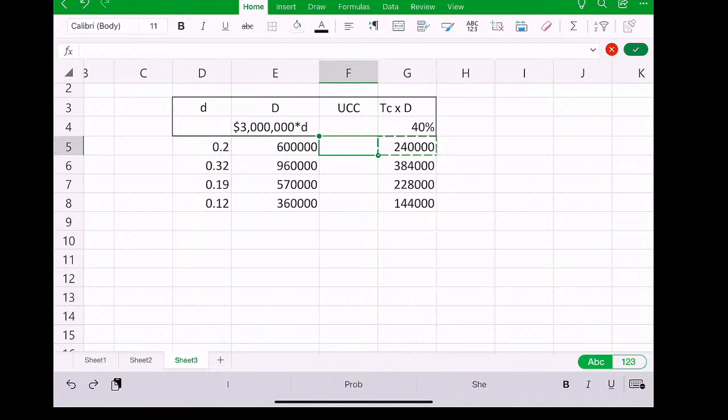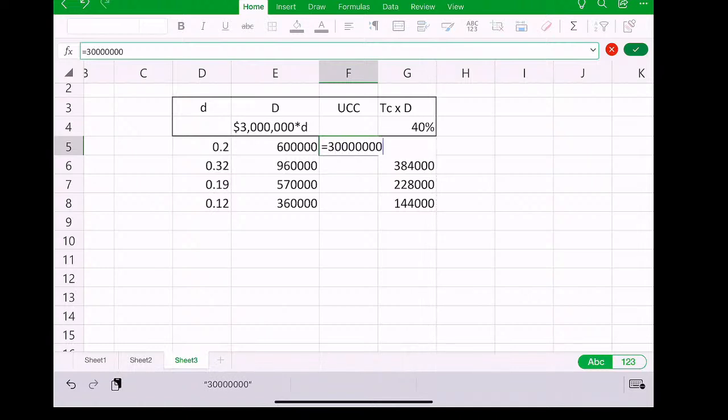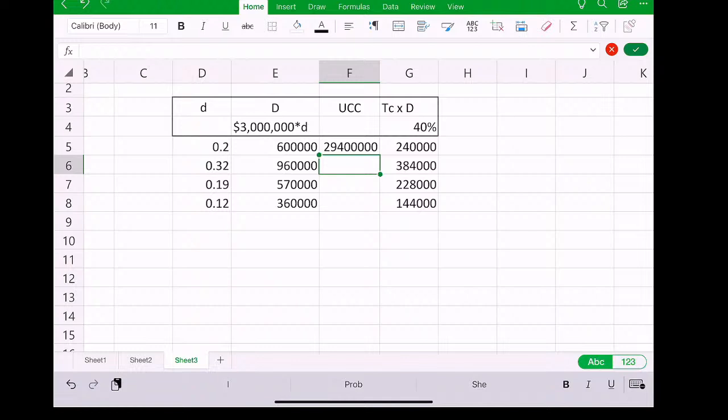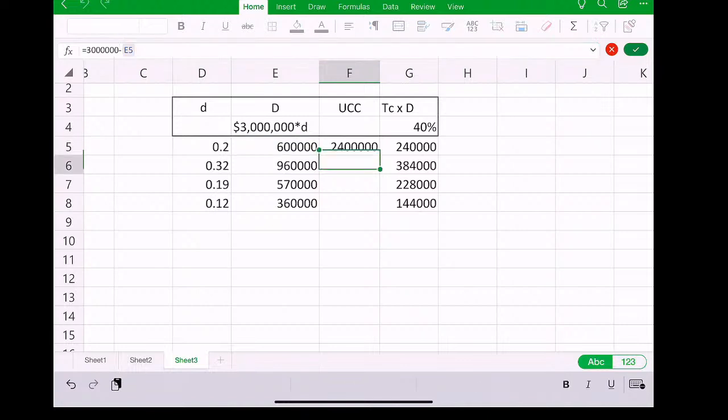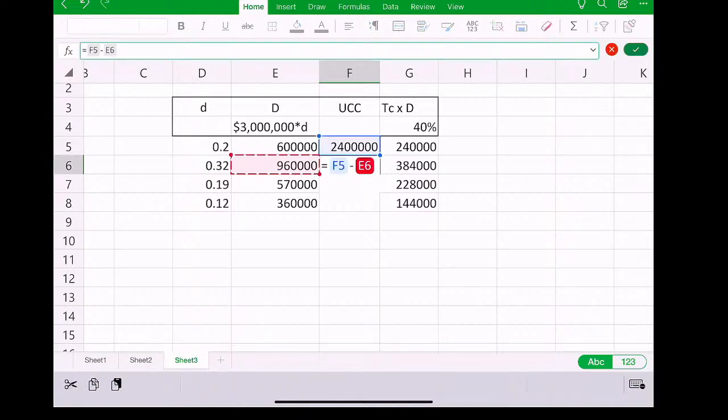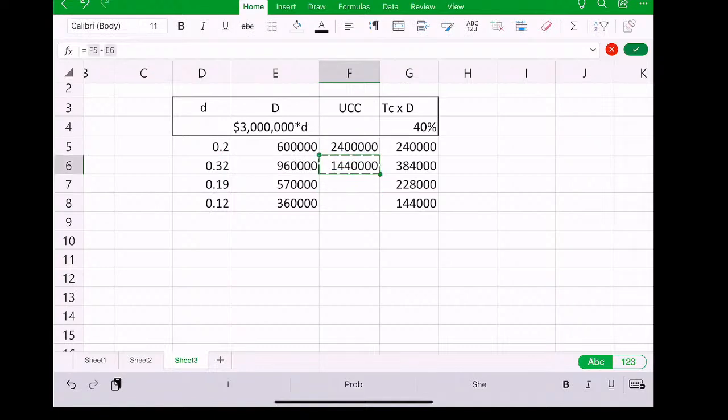And then figuring out what the book value is, I begin with 3 million and I subtract off the depreciated amount in the first year. So that's, if I did this right, did I do too many zeros? Yeah. So that's 2.4 million. Now I want to take this amount and subtract all the way down.